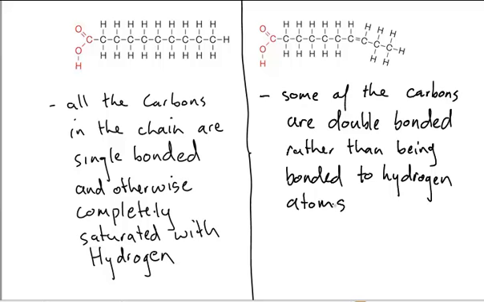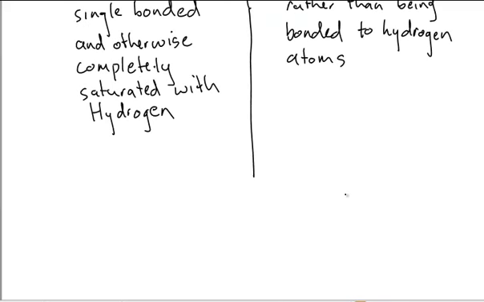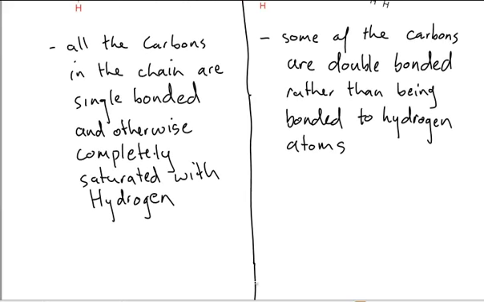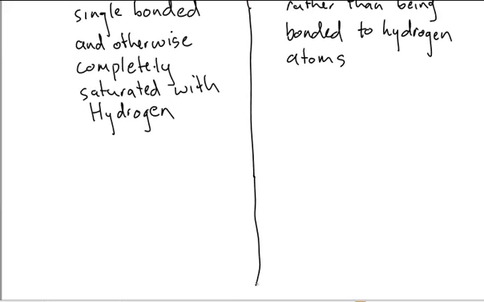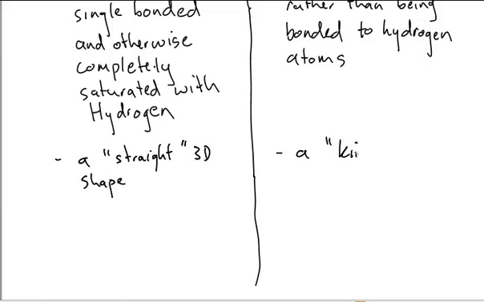Now this makes quite a big difference, especially in our body and to our health. Because if something is saturated, you look at its structure, it has a straight 3D shape. Whereas if it's unsaturated, it has what we call a kinked 3D shape.